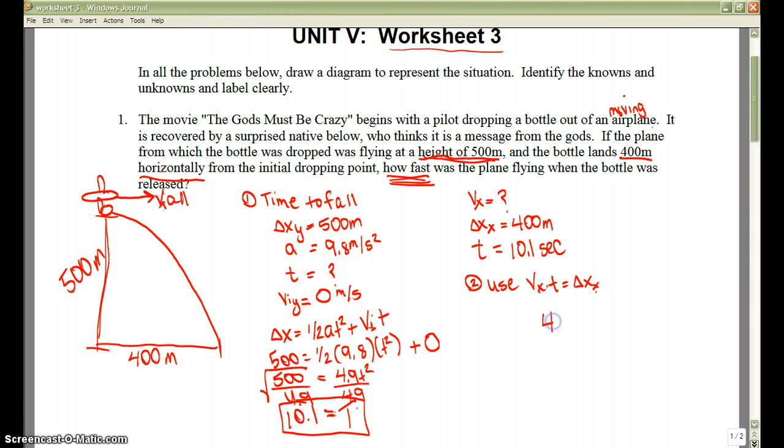We take our 400 and divide by 10.1 to get our velocity in the x direction, which in this case is our answer. So 400 divided by 10.1. Our answer for how fast the plane was going is 39.6 meters per second.